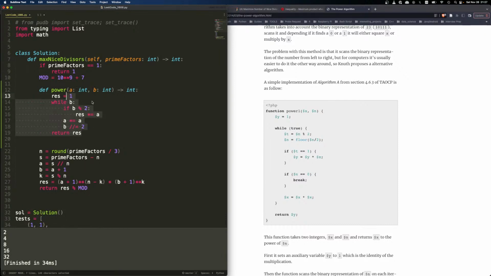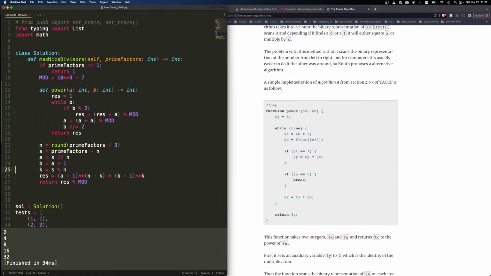So not proficient, I know. All right, so we're going to mod it. Okay, and I'm going to mod it. Let's see if it works. I'm going to call power times power.